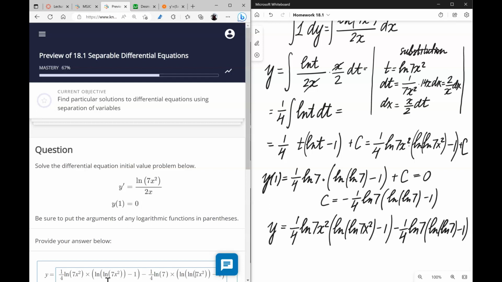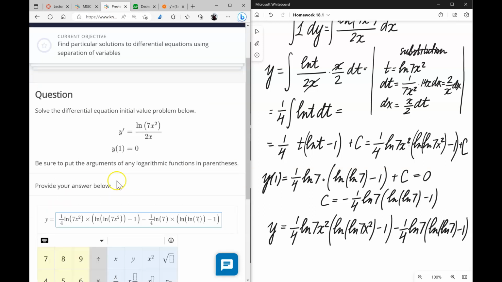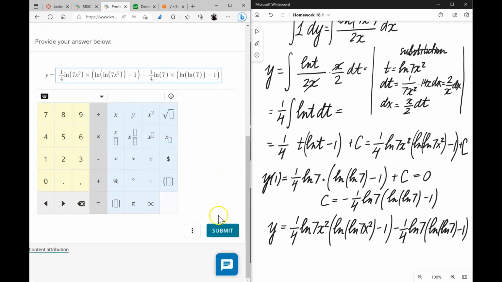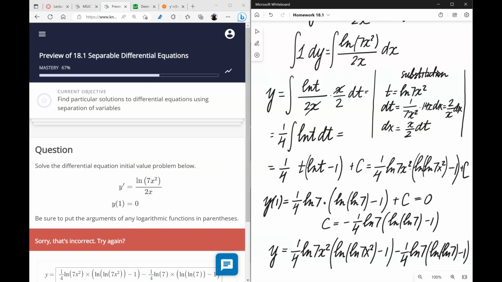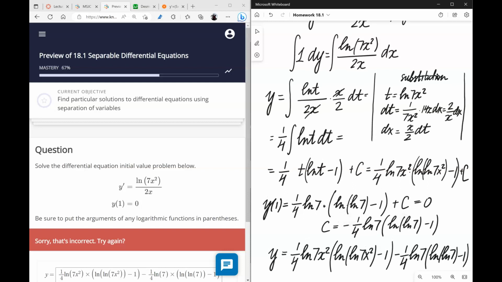So ln of 7, ln of 7, and it looks weird, but it is what it is. Hopefully it's right. And it's not. So let's find the mistake.